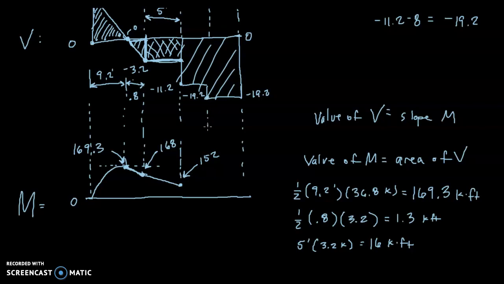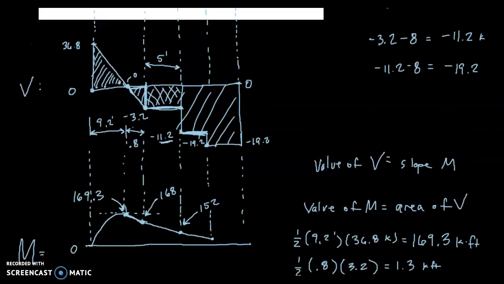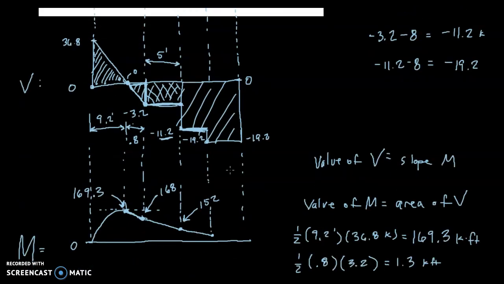Now let's look at the next section of the diagram. Again, we're sloping down in a straight line because the shear value is a constant value, which means I have a constant slope. The value of the shear diagram here is 11.2, and the width of this area is, again, 5 feet wide. So that's another 5-foot length of beam.